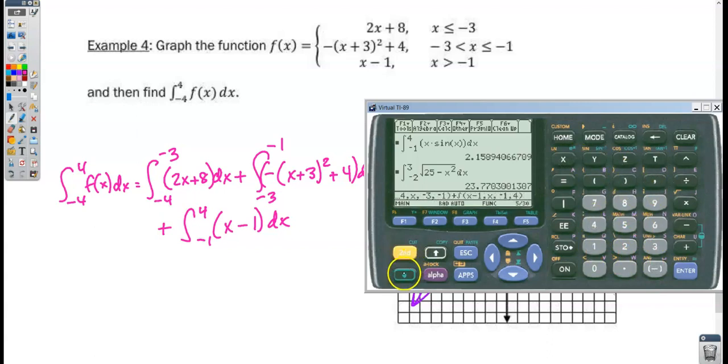And that's going to give me the integral of this entire region. And we get 8.83 repeating.